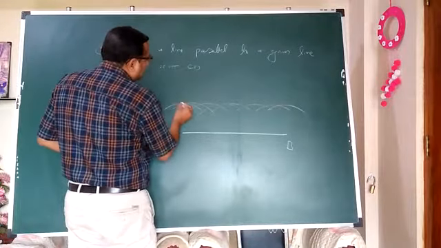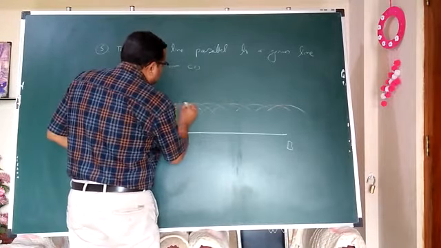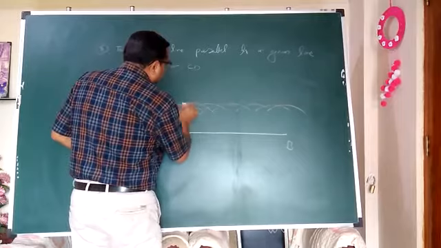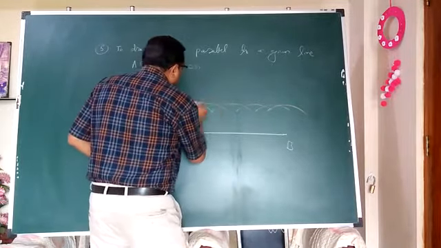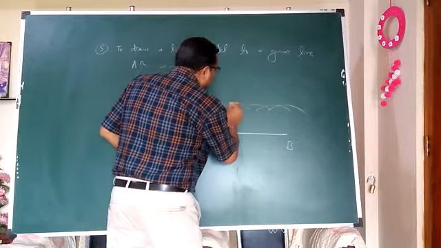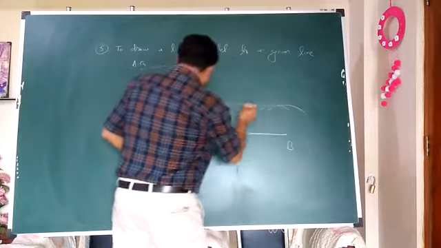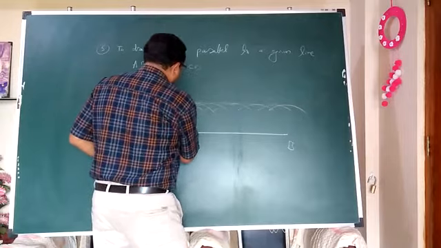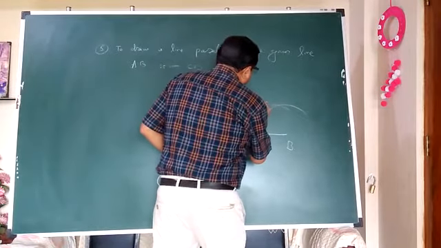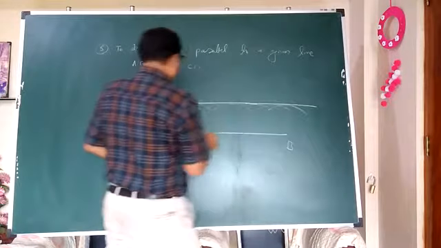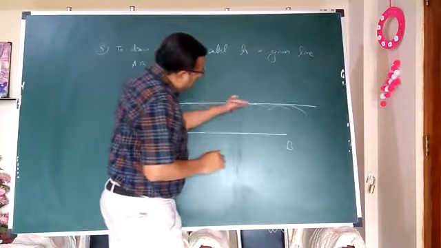So what is the next step? All these crests of these curvatures, you just have to join in this way. Means what? We are constructing a tangent line touching all the crests of the curvatures, tangent to all the curvatures.